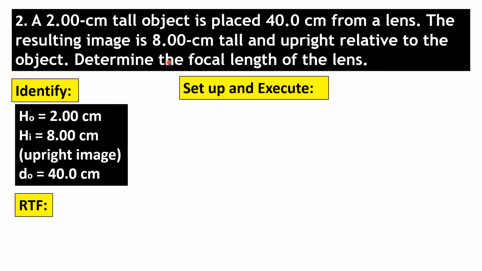So beforehand, we do not know if the lens is converging or diverging because it doesn't specify. But if you analyze this given data carefully, from the fact that the image formed is said to be upright, between a diverging lens and a converging lens, which do you think can form an image that is upright?